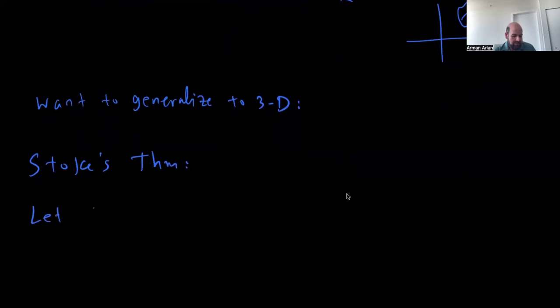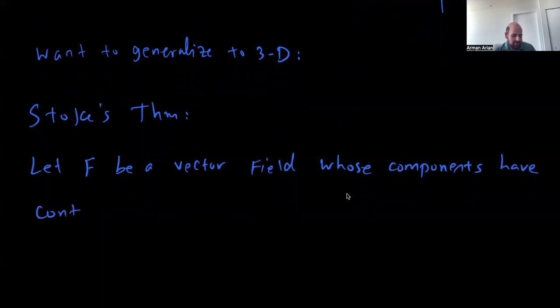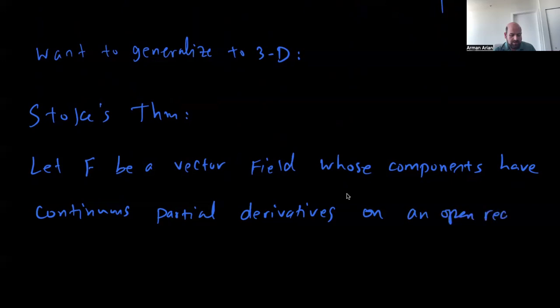So let F be a vector field whose components have continuous partial derivatives on an open region containing S. And what is S?